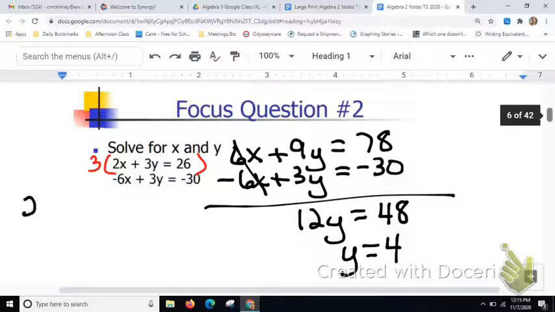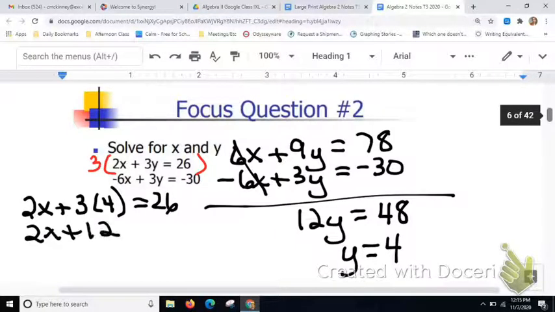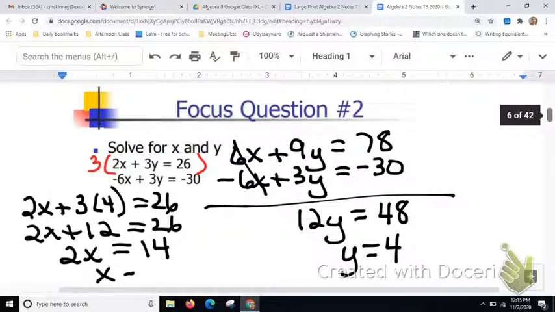So then 2x plus 3 times 4 is 26. 2x plus 12 is 26. Subtract 12. 2x is 14. Divide by 2. X is 7.